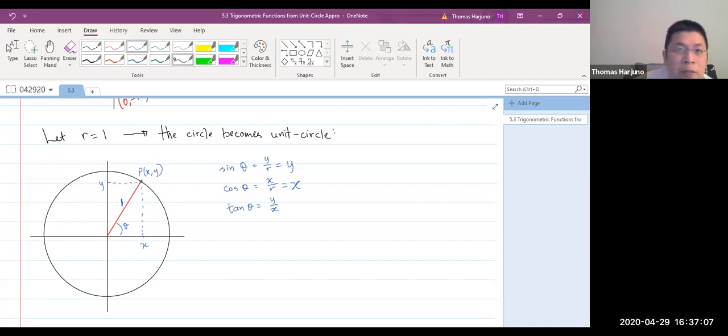Because of these, I can update my P. As long as my radius is 1, my coordinate P may be expressed as x, which is cosine theta, and y, which is sine theta.